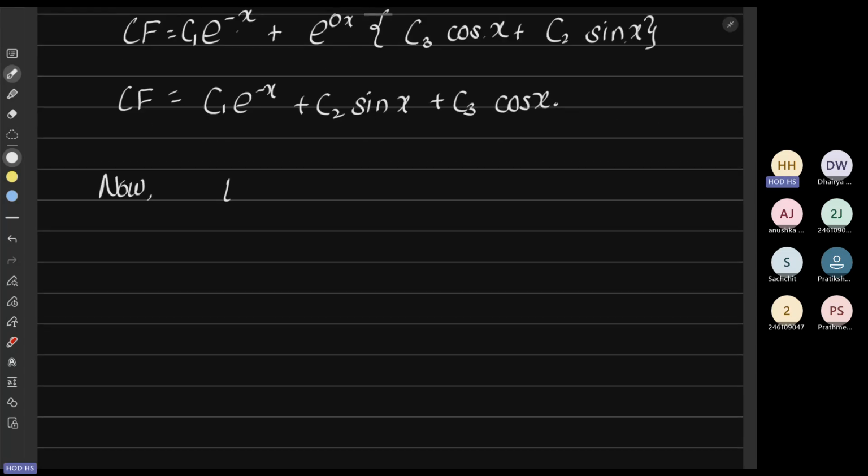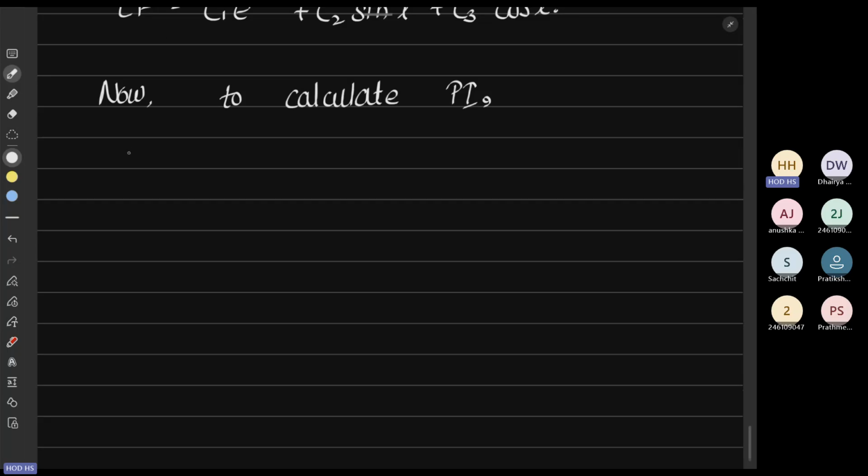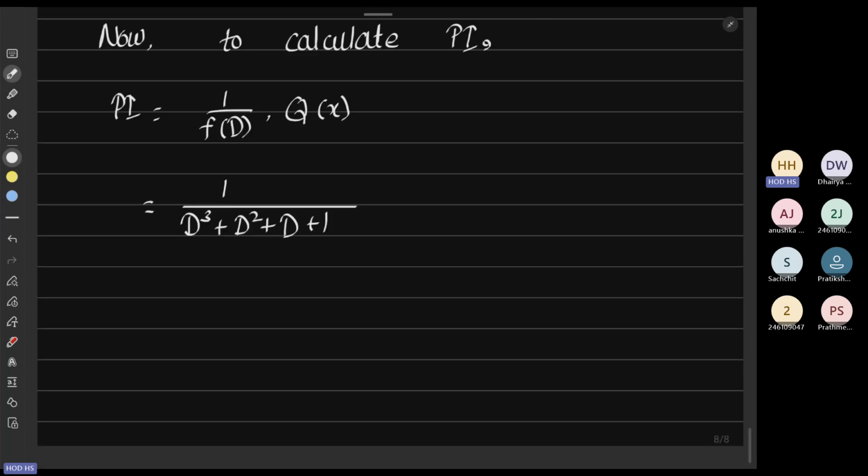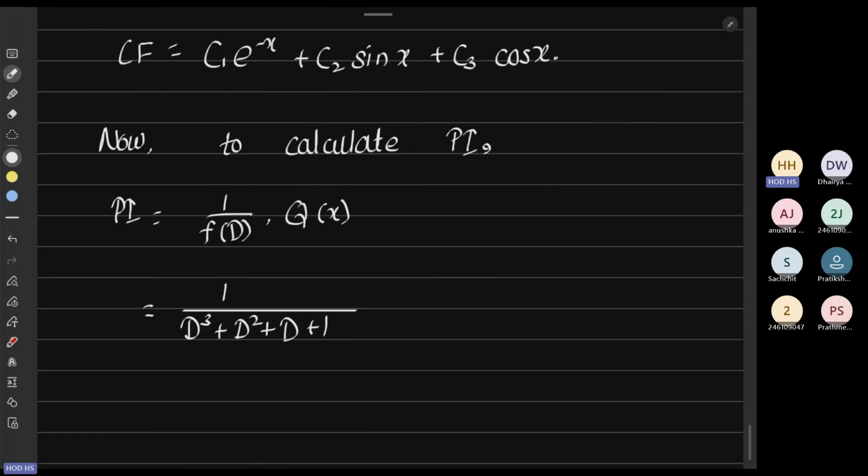Now, to calculate the particular integral, we know the particular integral is given by 1 upon f of d times q of x. In this case, f of d was d cube plus d square plus d plus 1. So this was f of d.